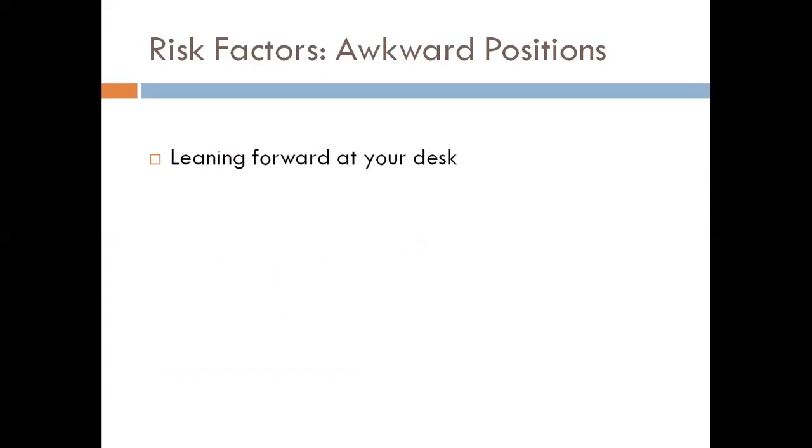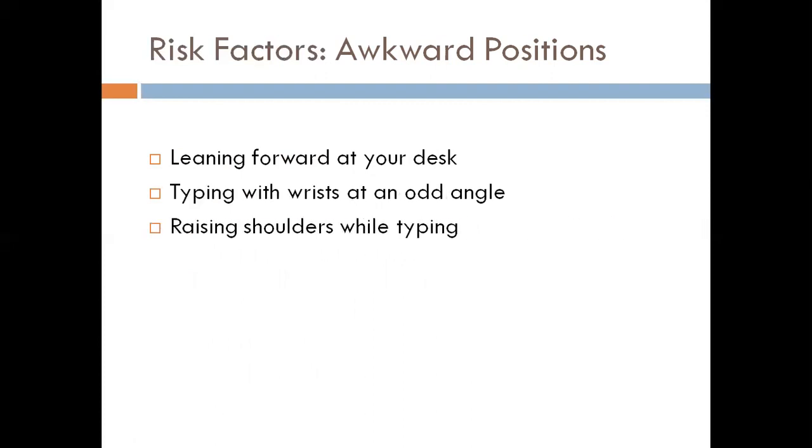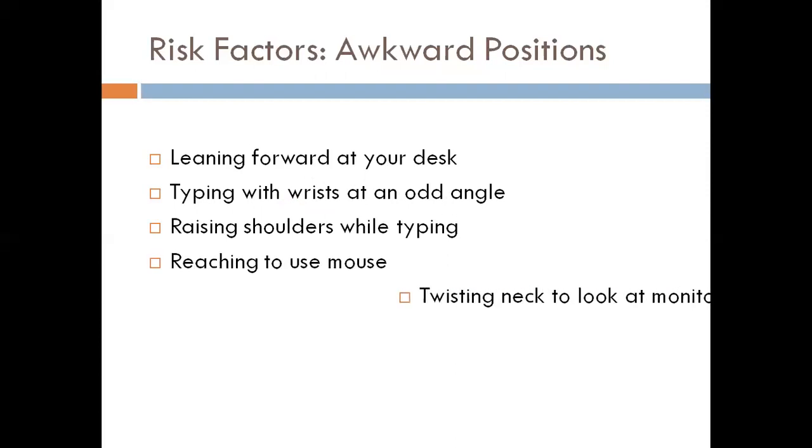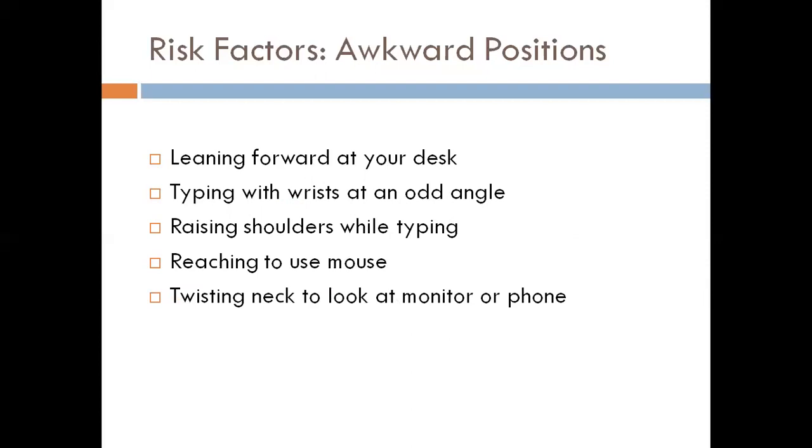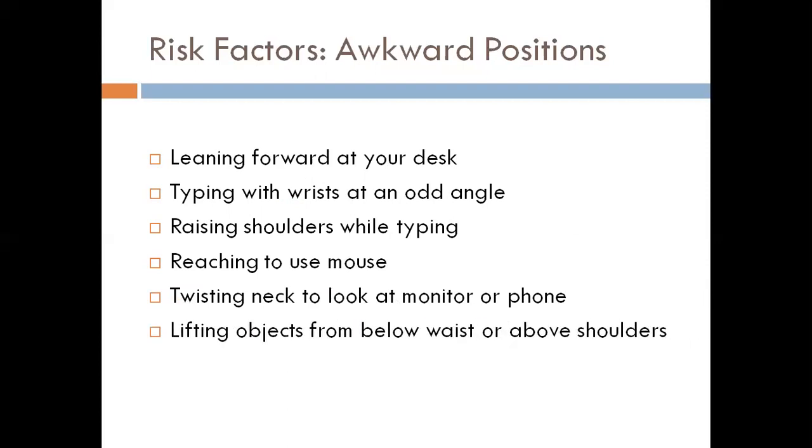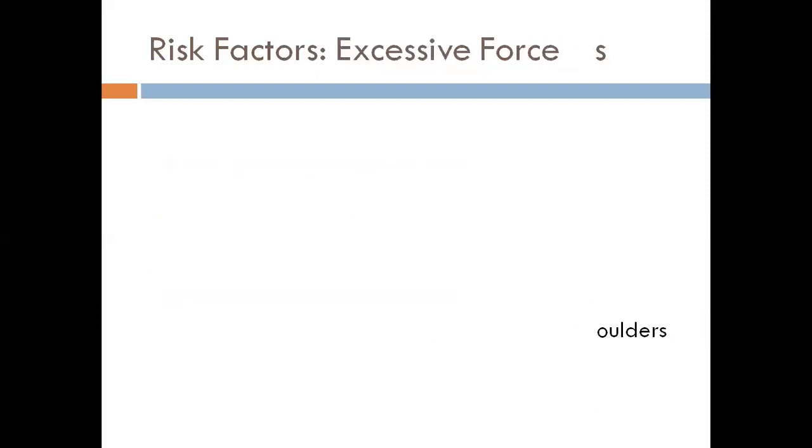Awkward position. If you are working in front of a computer and you are not sitting in a neutral position, you are leaning forward at your desktop, typing with wrist at an odd angle, raising shoulders while typing, reaching to use the mouse, twisting your neck to look at the monitor or phone, lifting objects from below waist or above shoulders.